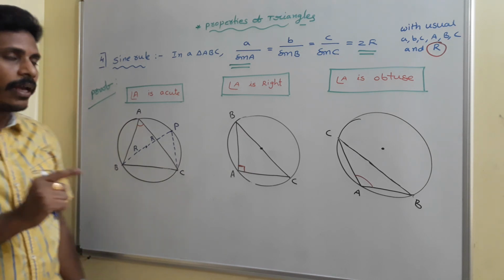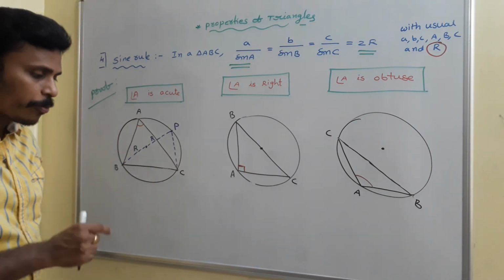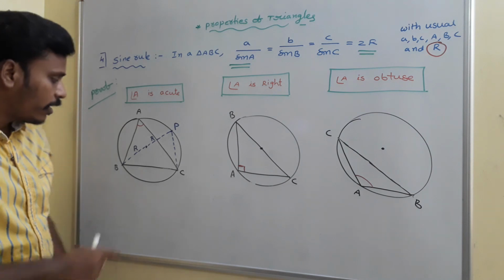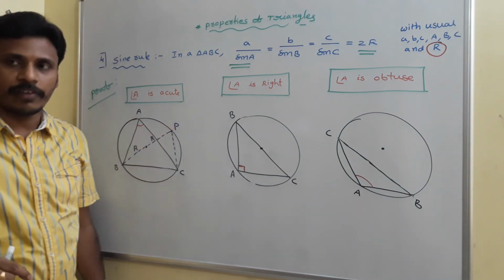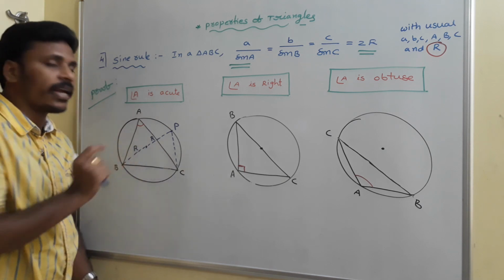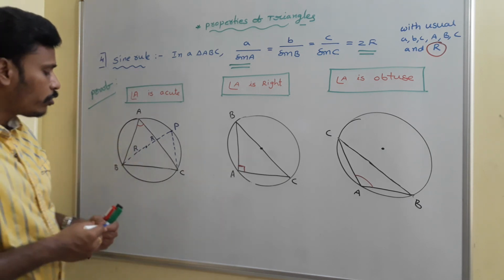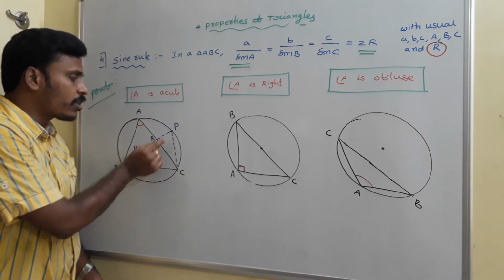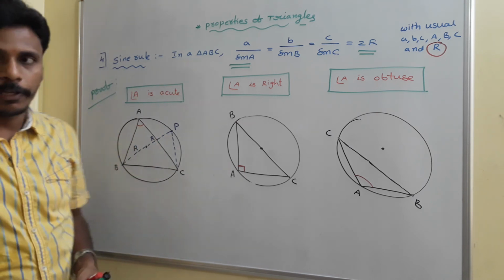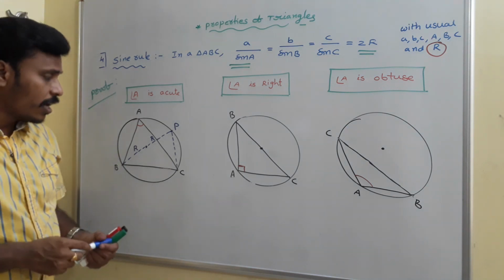Now, in yesterday's class, I mentioned a point from circles: if we have a side BC, it makes the same angle on the circumference, and it makes double the angle at the center. For some time, you just leave the angle made by this chord at the center. You just think about the angle made by this chord at P. See, you just observe it.